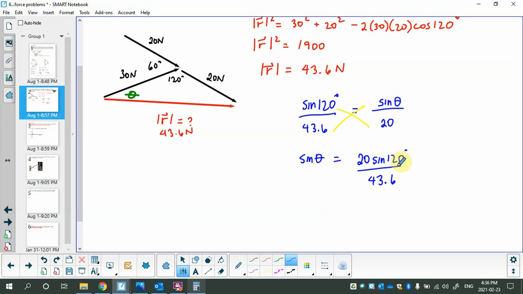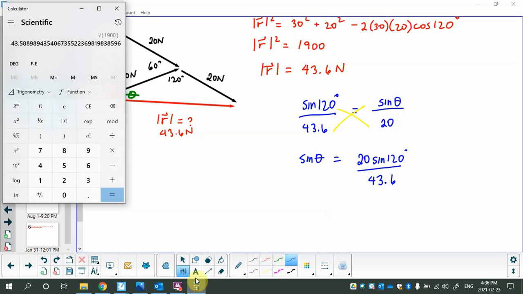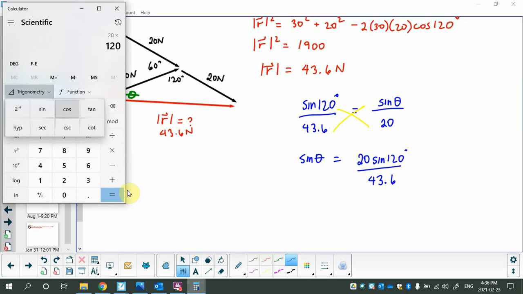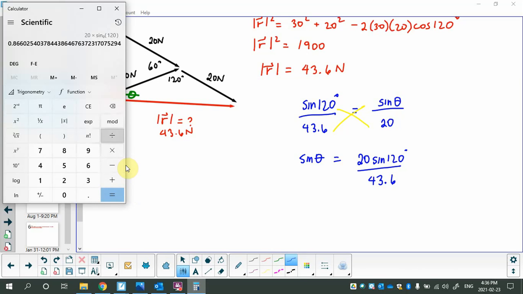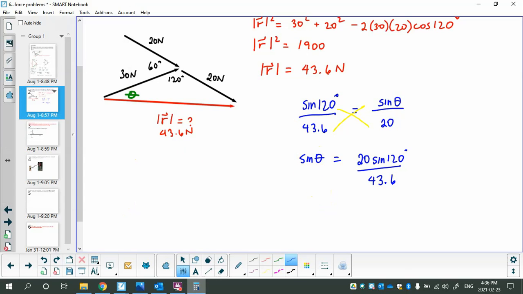Now, when I plug this into the calculator, so when I do 20 times sine 120 divided by 43.6, I get a nasty decimal, and that's because that is sine theta. I want to know what theta is, so I have to do second function sine, and that gives me 23.4 degrees.